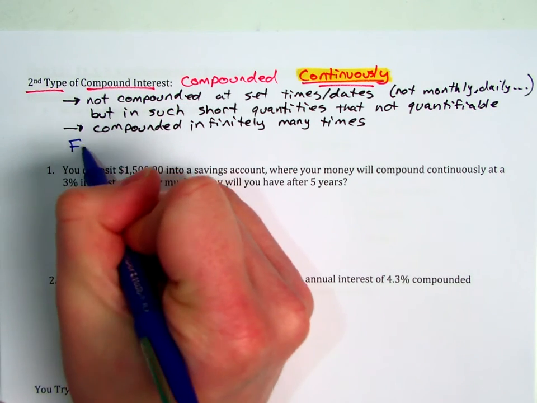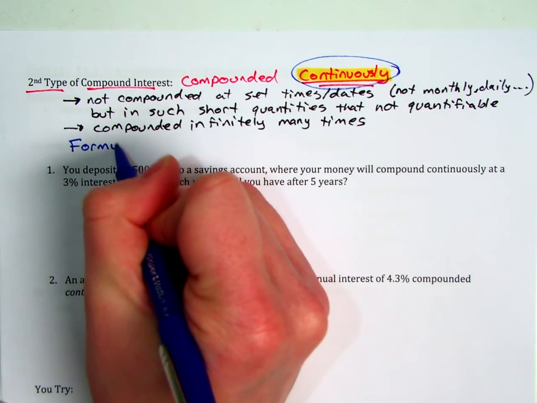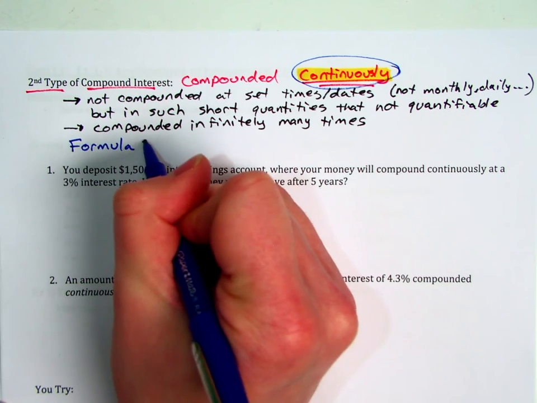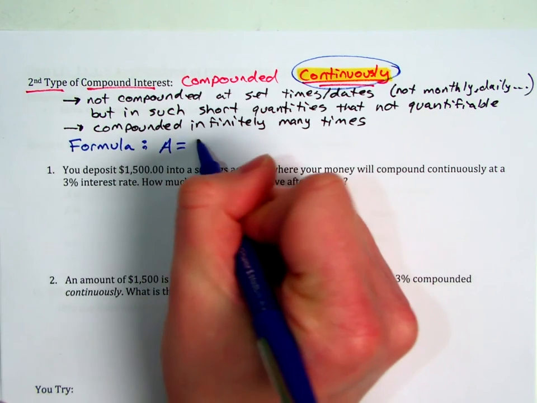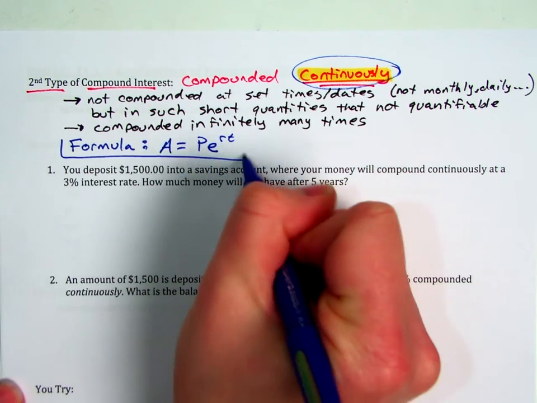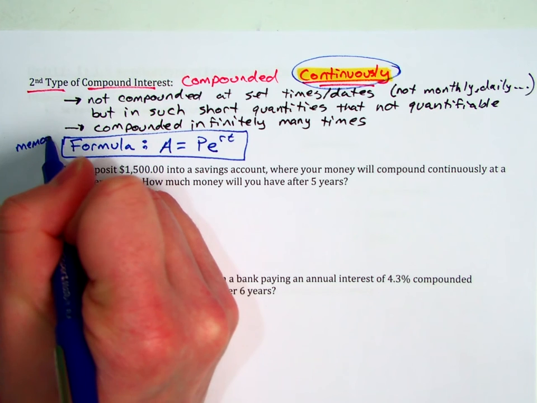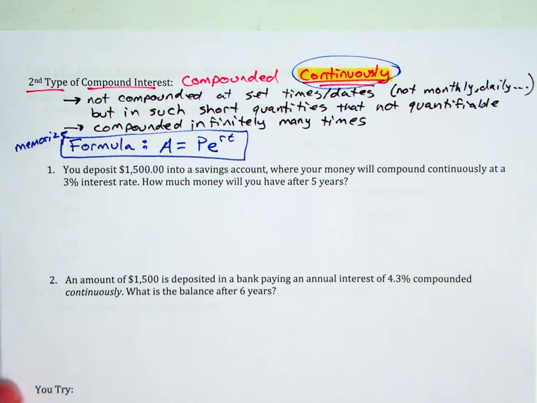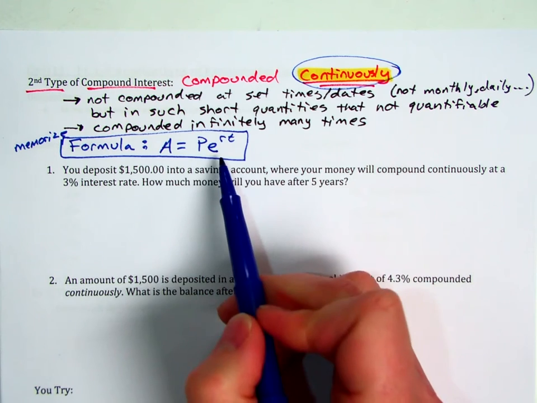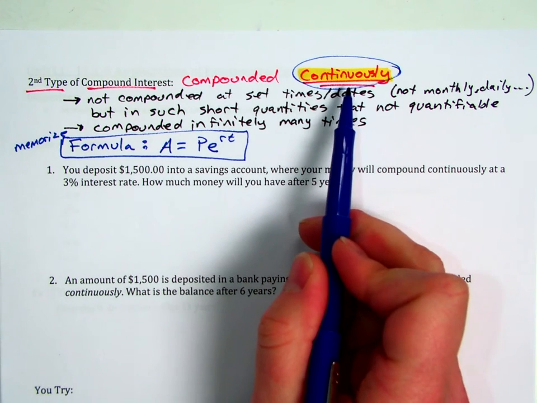So the formula that you need to know whenever you see compounded continuously is A equals P e to the rt. This is another formula that you have to memorize because it will not be given to you on a test or a quiz. And the only time you use it is if it says that it's compounded continuously.